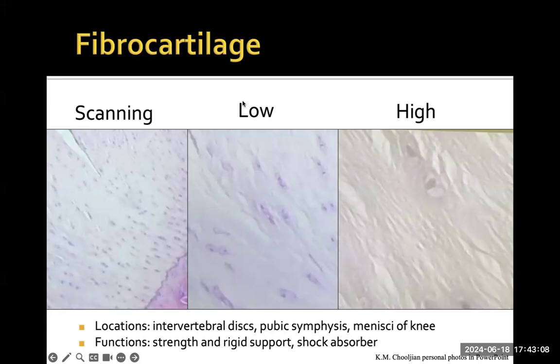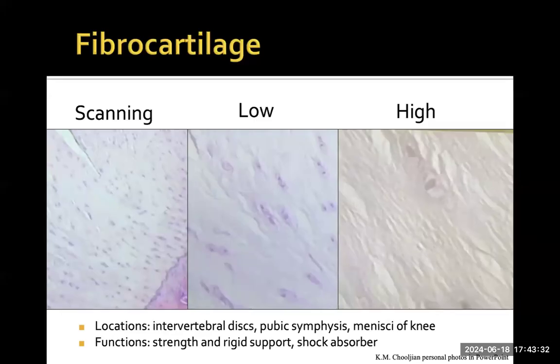And then the last type of cartilage here is called fibrocartilage. The difference between this one and the other two is that this one has fibers running through it. So if you get a really good image underneath your microscope, you'd be able to see the waves here. It has like an impression of it, right? It has waves that go through there. Those are going to be the fibers. So it's called fibrocartilage.